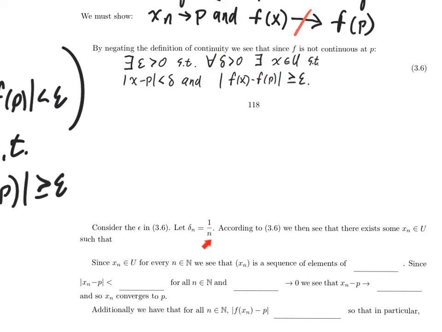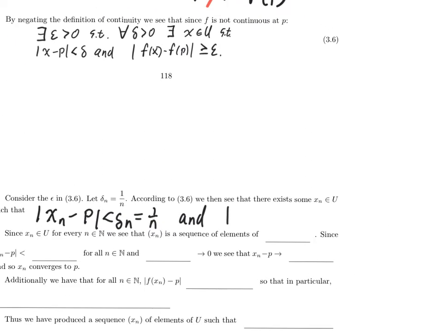My choice of delta depends on n, so I'll call it x sub n, such that the absolute value of x_n minus p is less than delta n, which recall is 1 over n, and the absolute value of f of x_n minus f of p is greater than or equal to epsilon.